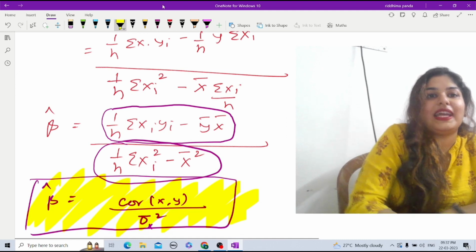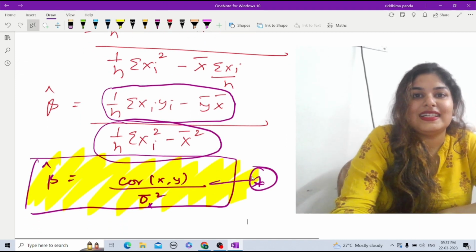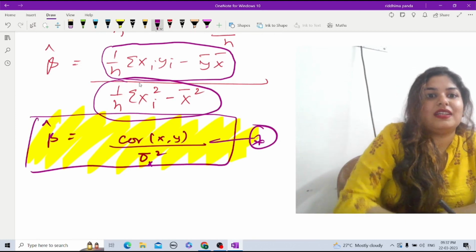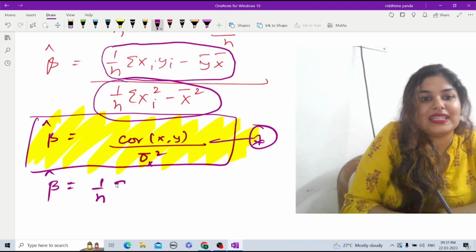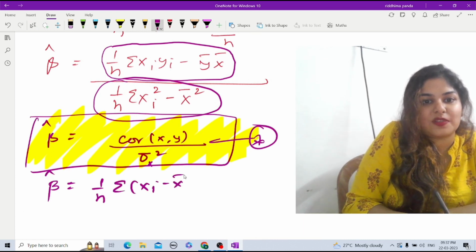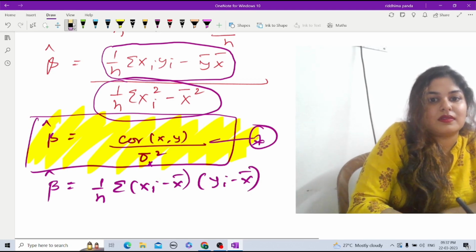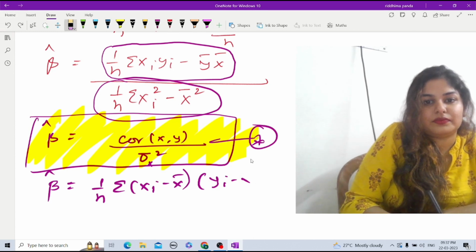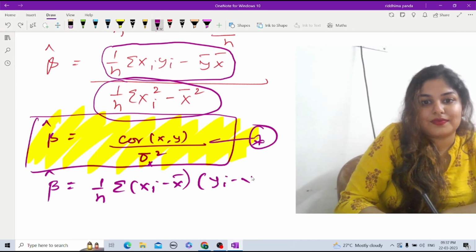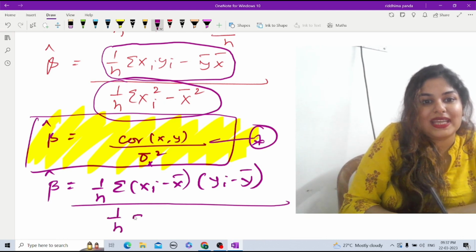There's another way of writing it down. Let me just show you. That is using the sum of deviation, right? So another formula for covariance is 1 by n summation xi minus x bar into yi minus y bar. Divided by, same goes for the variance, that is 1 by n summation xi minus x bar whole square.